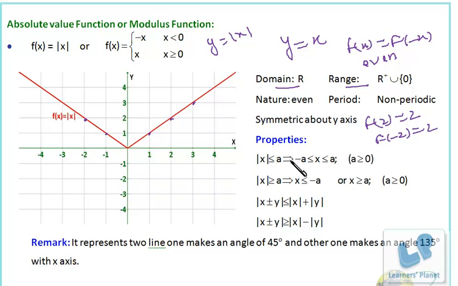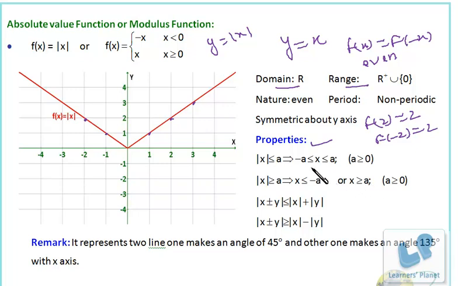Now there are some important properties of the modulus function that you need to keep in mind. If modulus of x is less than or equal to a, that means x lies between minus a and a, provided a is greater than or equal to 0, right? And if modulus of x is greater than or equal to a, then x is less than or equal to minus a, or x is greater than or equal to a, right?